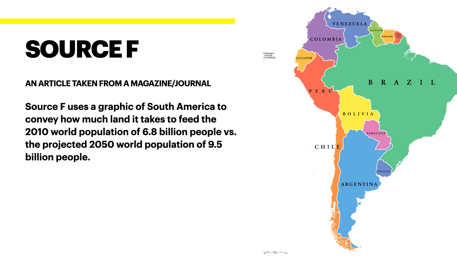If we increase by 2.7 billion people by 2050, it will be the entire continent of South America plus another Brazil. So you can see that Brazil makes up almost half of South America. So we are putting that much more land toward the use of feeding people. Again, that would be horizontal land for the most part. It would be open field cropping.